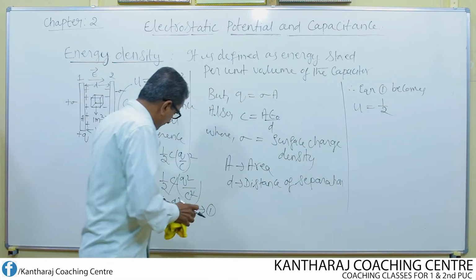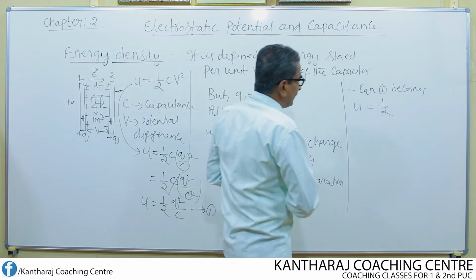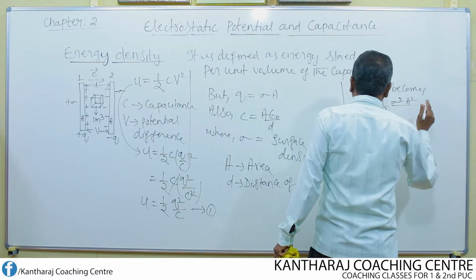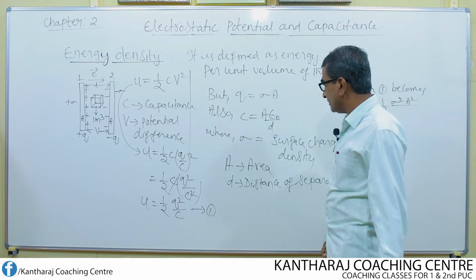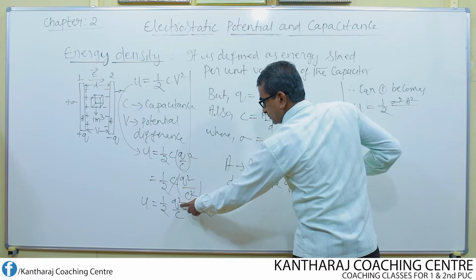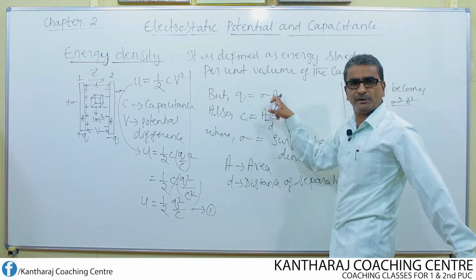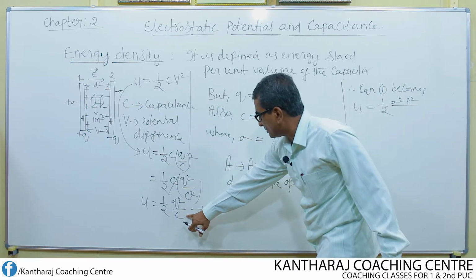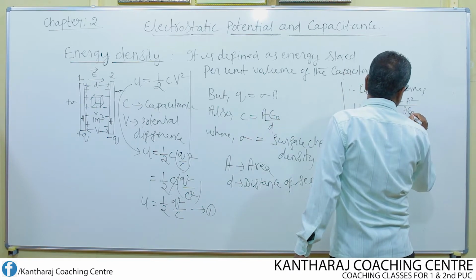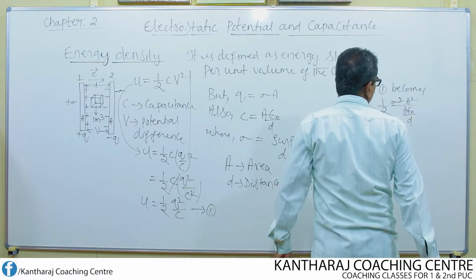Sigma into A. Q square is there, so I square and write sigma square A square divided by C. I substituted for Q as sigma into A, now I substitute for C as A epsilon naught by D. So A epsilon naught divided by D.